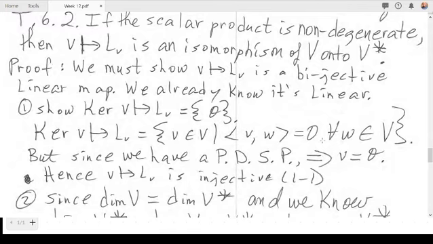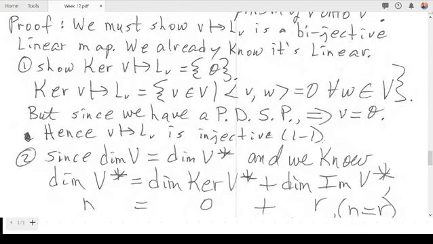So what is the kernel? Well, it's the set of all v in V where the inner product of v with w is 0 for all w in V. But since we have a positive definite scalar product, this is only true if v is the zero vector. Hence the mapping is injective, or one-to-one.